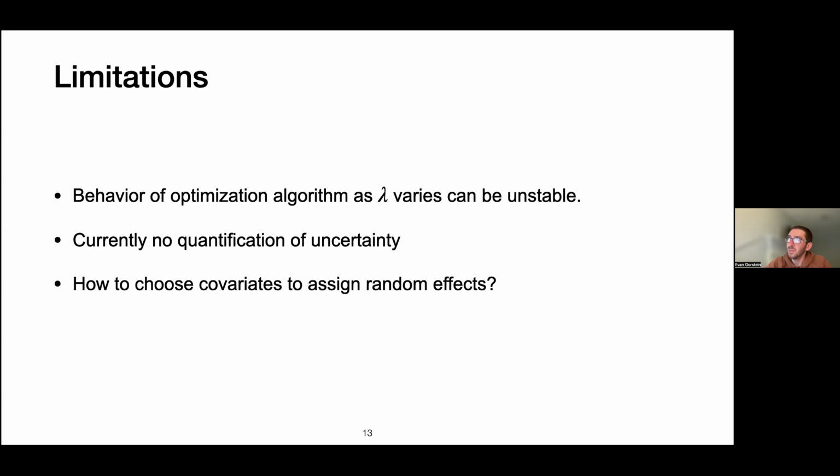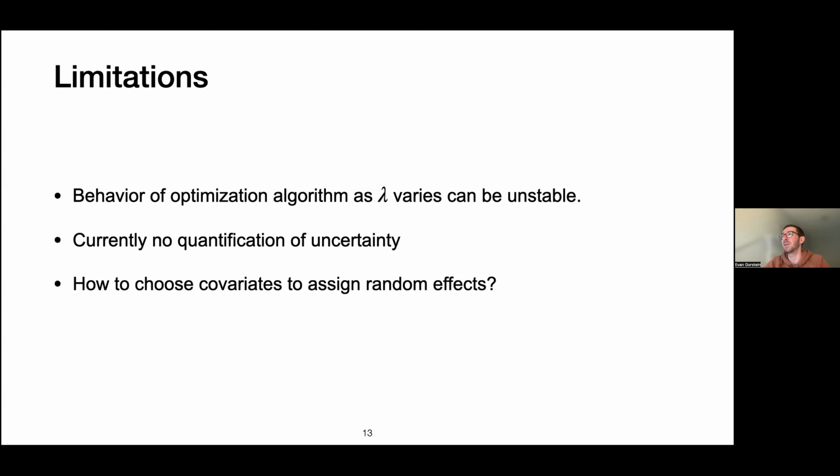A few limitations that we also wanted to mention: with the lasso penalty, the algorithm is quite unstable and can vary quite a bit as you vary lambda, so you need to choose the right lambda, obviously. That's true with the SCAD penalty as well.